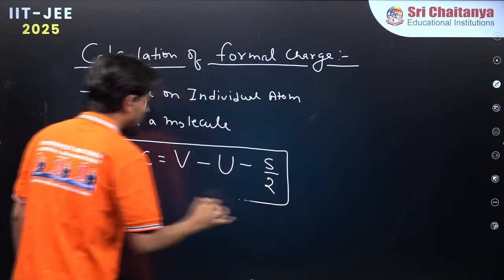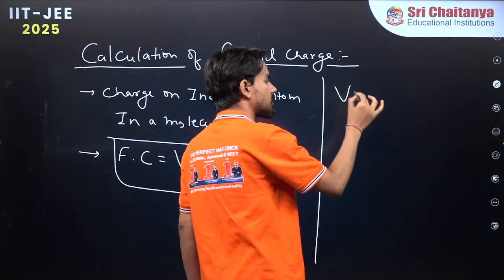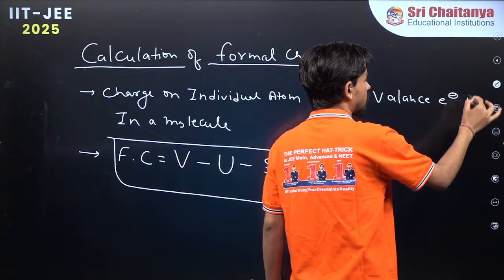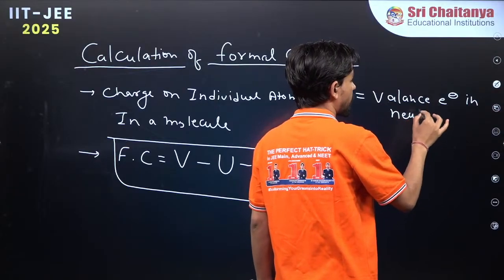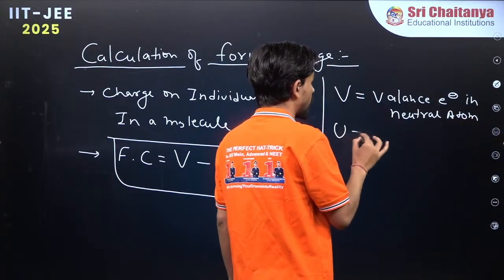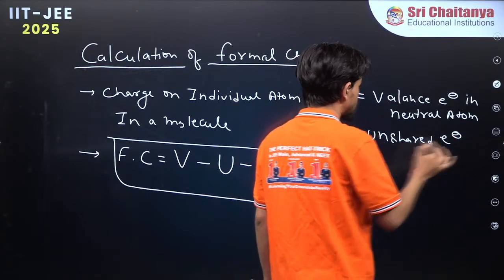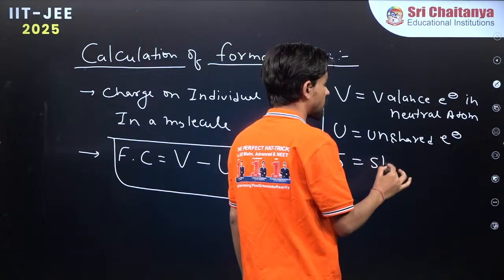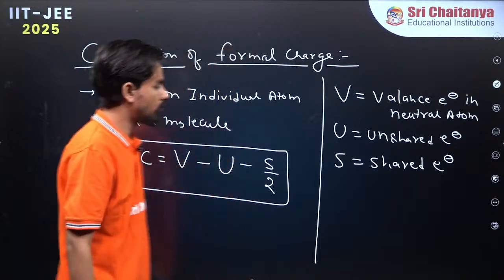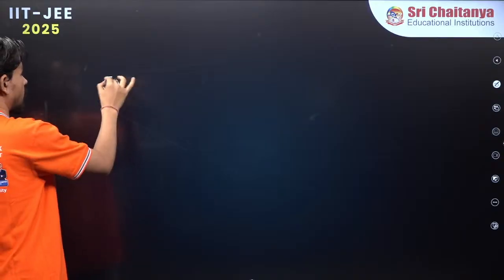Where V is the valence electrons in the neutral atom, U is unshared electrons, and S is shared electrons.